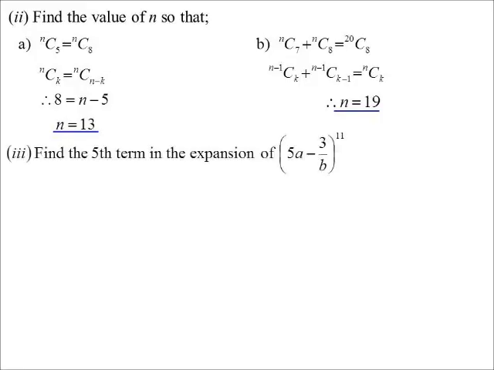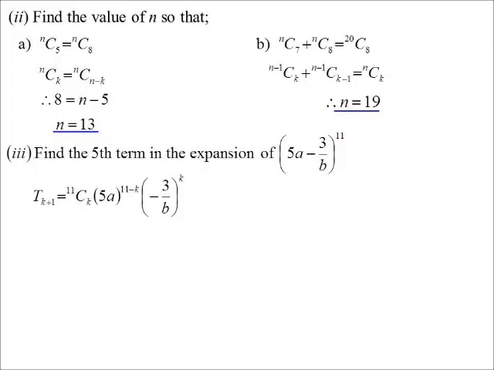If we have to find the 5th term in the expansion, now the order becomes important. So 5a is the first term, so we assume we are going to start with 5a to the power of 11 and work our way down that way. So it'd be 5th when we're going in that order.